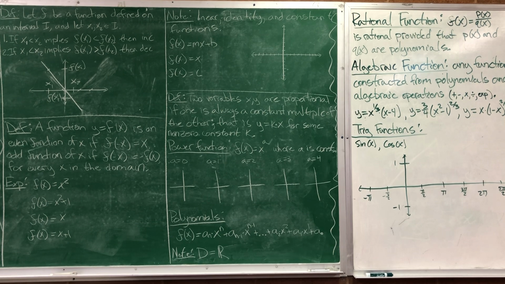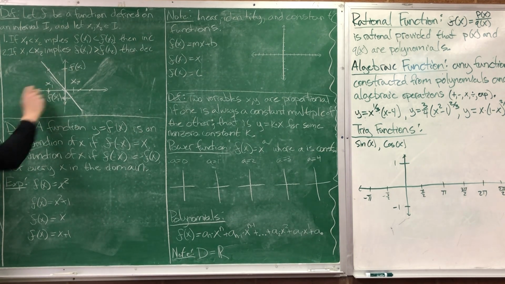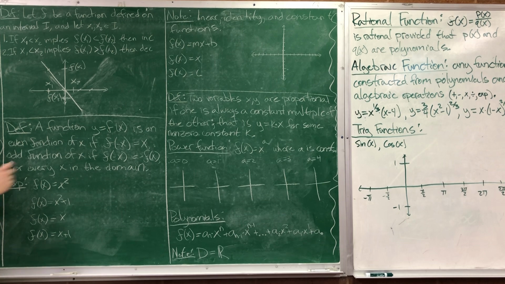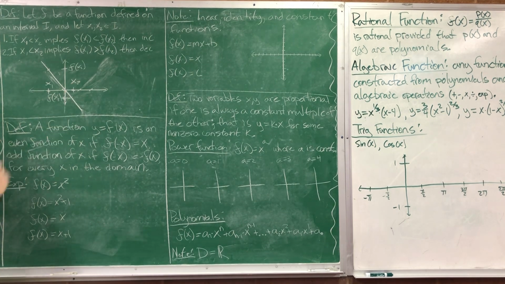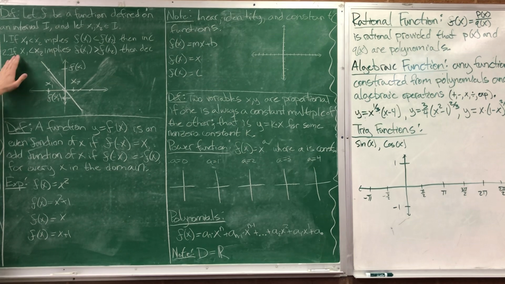That says if x1 is less than x2. Right. Why is f of x1 greater than f of x2? Look at this function that we have. It's decreasing, right? Here's my point x1. It's on the x-axis. Here's my point x2. It's on the x-axis. This is like -3 and that's like 1. So we have -3 is less than 1, or x1 is less than x2.